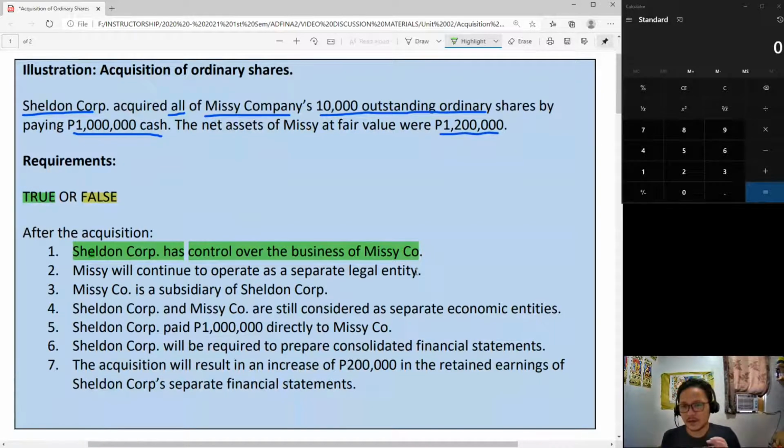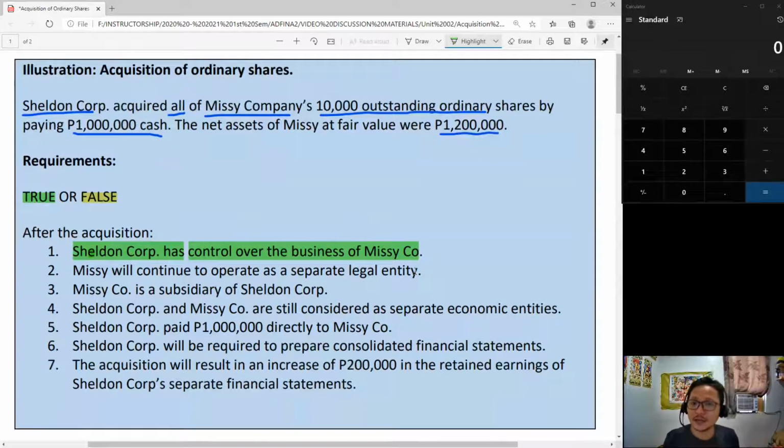The only thing that changed in Missy Company is the owner. The business did not stop, the employees were not fired, the assets were not transferred, the operations were not halted, and basically everything else is still in place.